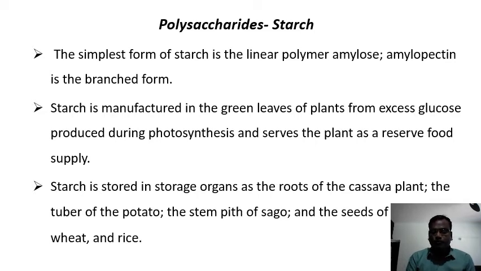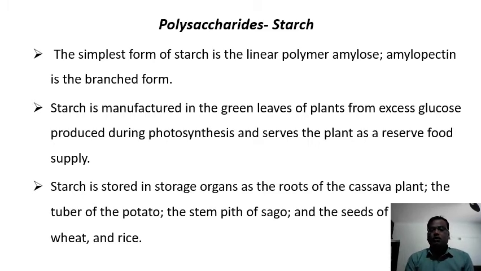So where is the starch produced? Now starch is produced in the green leaves. We know that during the process of photosynthesis, the chloroplast is involved. So in the cells of the green leaves, photosynthesis occurs in the presence of light, carbon dioxide and water.